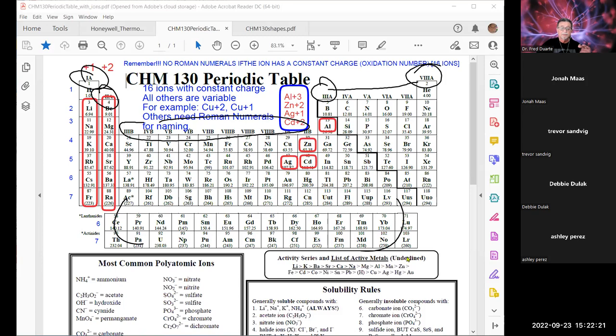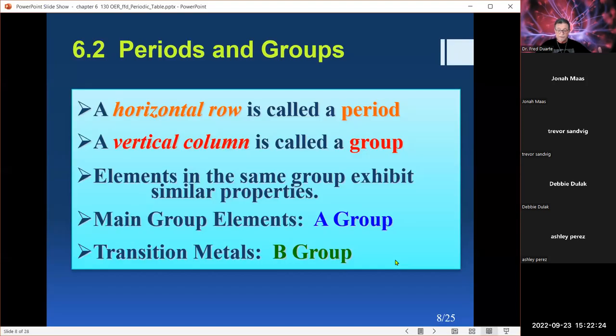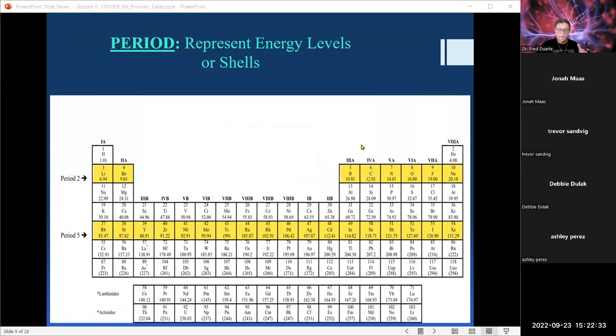All right, now some of these have even more specific names which we're going to touch on. So we have the main group elements, which are the A group, and then what are called transition metals, which are the B group, okay?